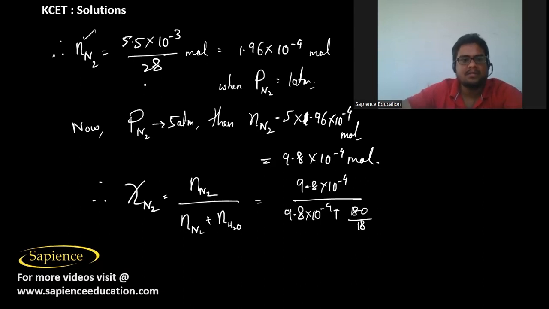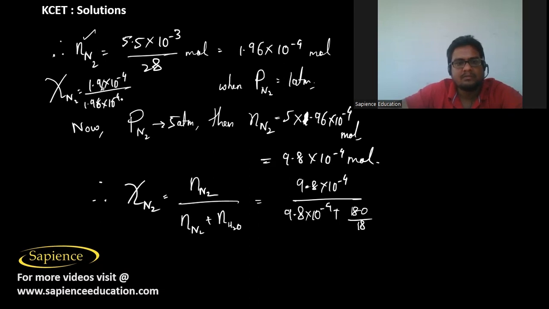So it means that initially the mole fraction of N2 was 1.96 into 10 power minus 4 divided by the number of moles of N2, 1.96 into 10 power minus 4 plus 10, since 180 by 18. So this part is approximately 10 only. So this divided by 10, so it is 1.96 into 10 power minus 5.